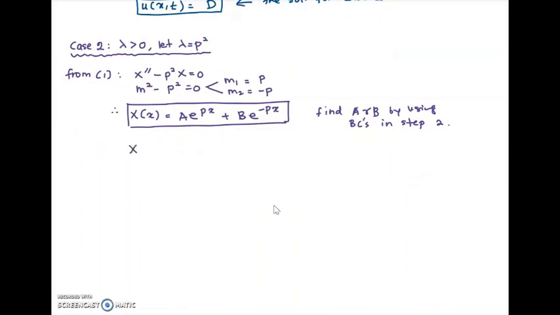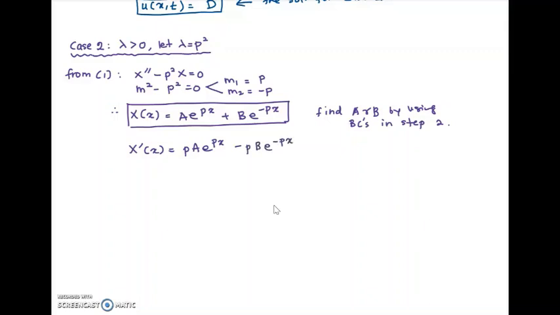From the solution that we have, only then can we apply the boundary conditions. So differentiate X with respect to x, differentiating the exponents, and you have pa exponent px minus pb exponent negative px.